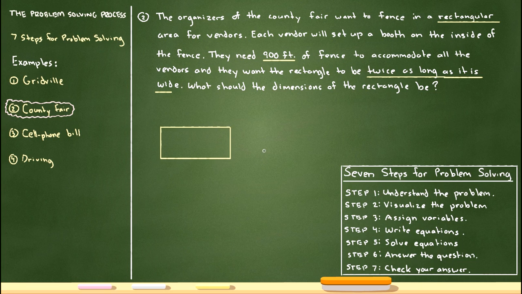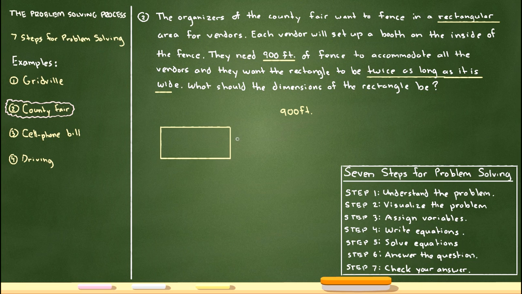Okay, so we have 900 feet of fence. And another part for understanding the problem is, it's helpful to write down the data that's given to you in the problem. It's going to help your brain organize it a little bit differently. If you just read this over and over again, you may understand it, but if you start writing down the information, it's definitely going to help you understand the problem a little bit deeper. So now we have 900 feet.